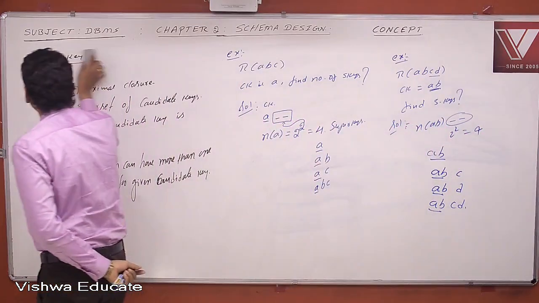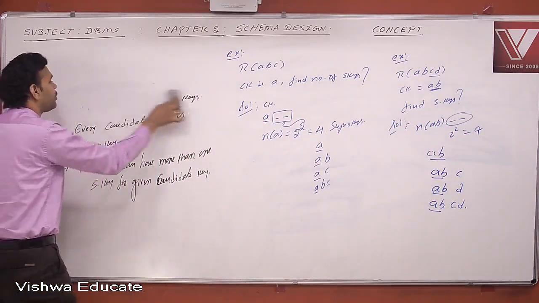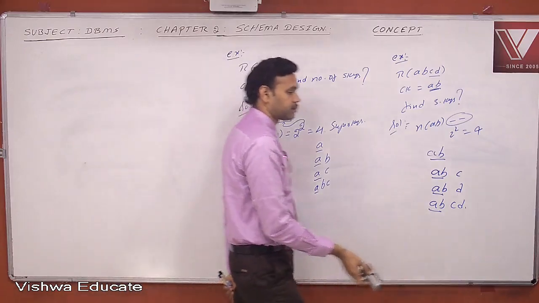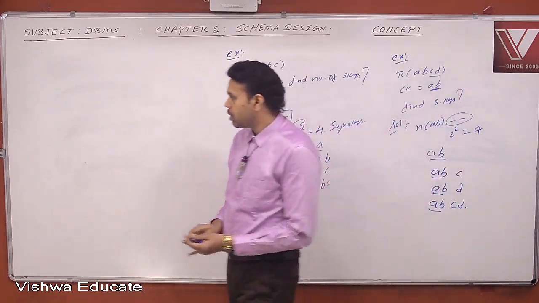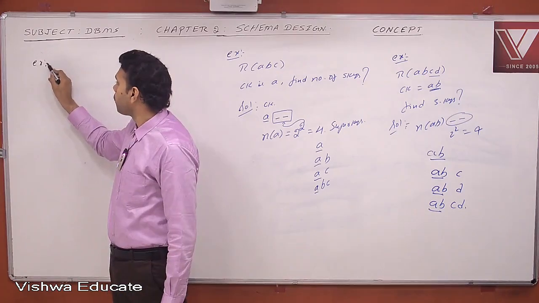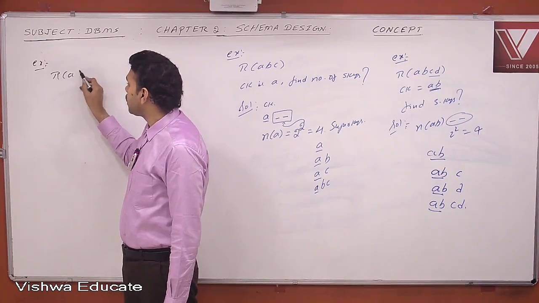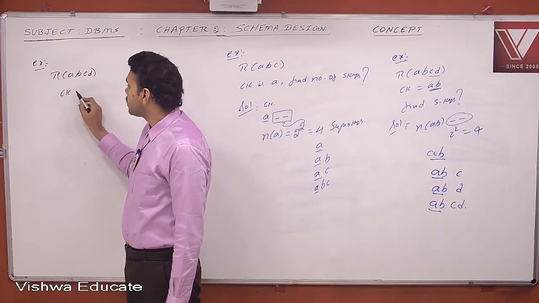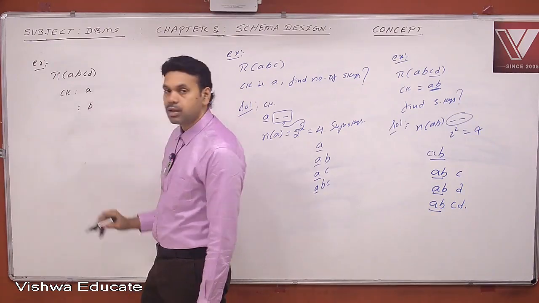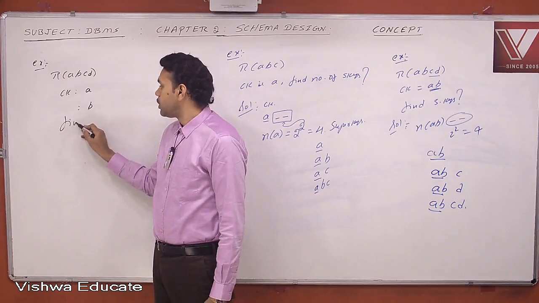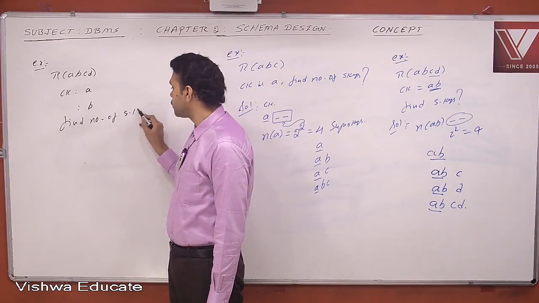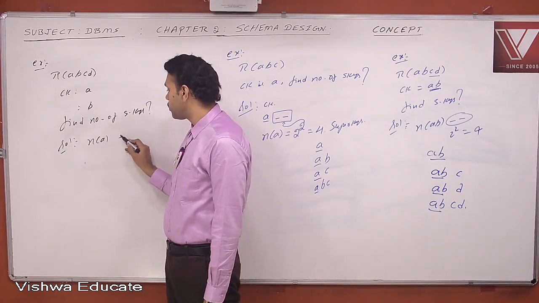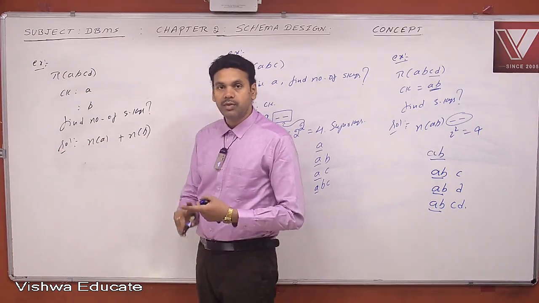Well friends, now let us look at a few other questions based on candidate key. The relation R with A, B, C, D. This time candidate keys are 2. A and B are the 2 candidate keys. He is asking to find the number of super keys. The solution is n of A plus n of B, and there will be a common between them.